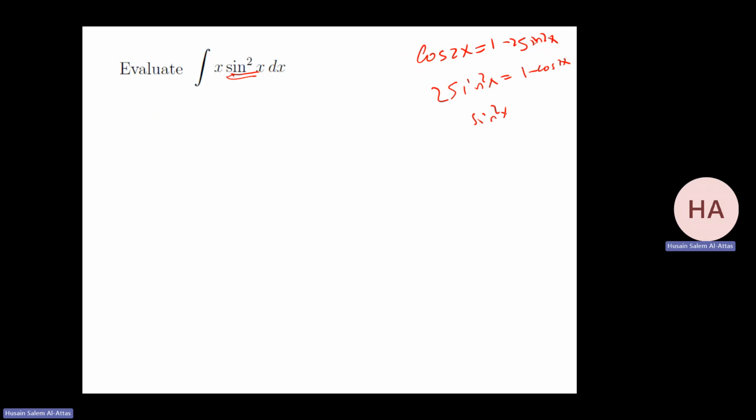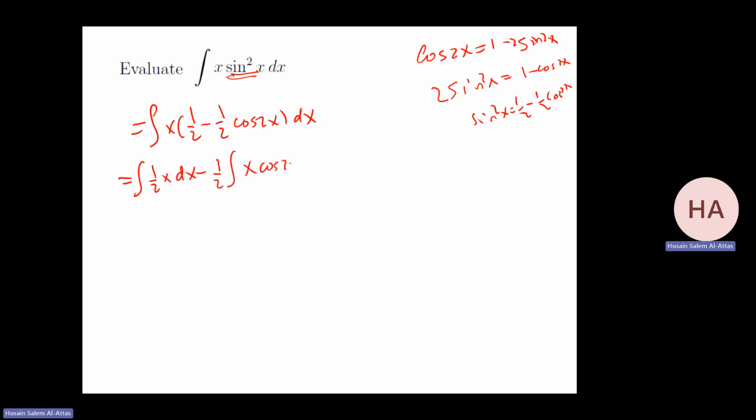So sine square will be half minus half cosine 2x. I will write it as the integral of x times half minus half cosine 2x dx. So I have half x, which is easy to do, minus half x cosine 2x dx.